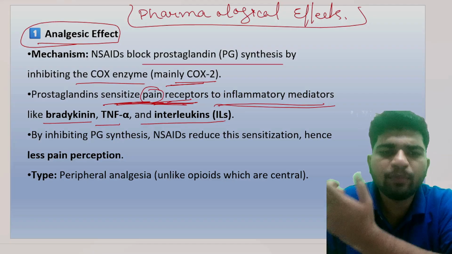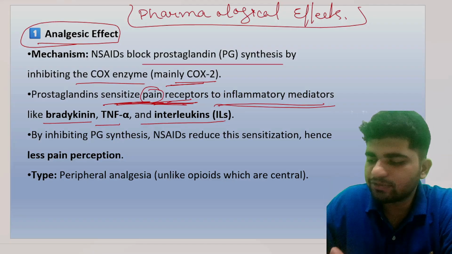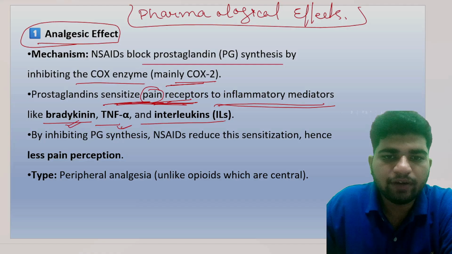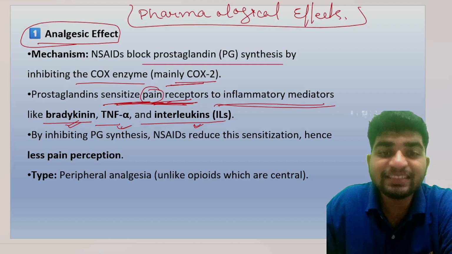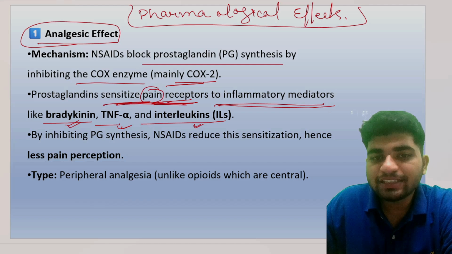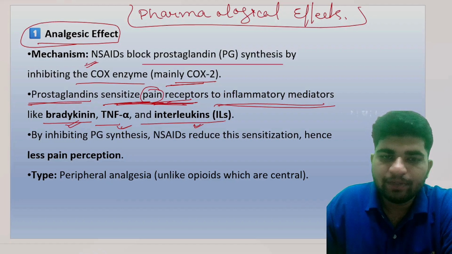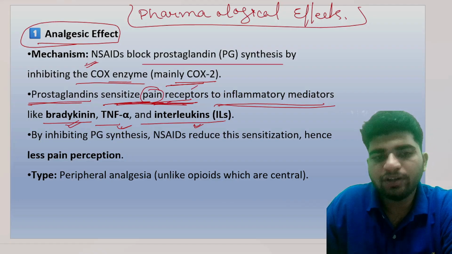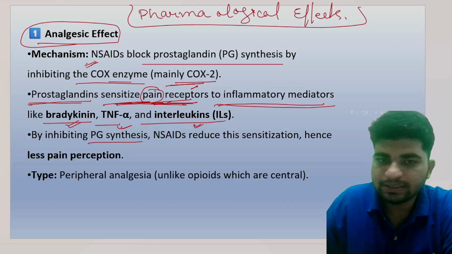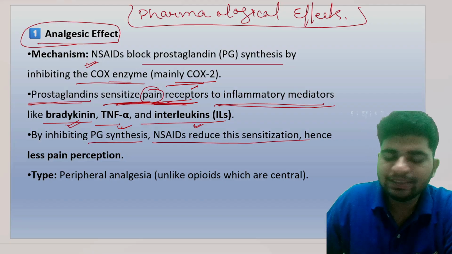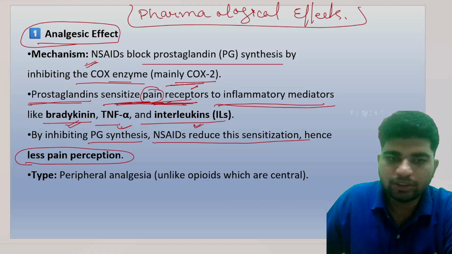We have a lot of inflammatory mediators inside the body, for example, bradykinin, TNF alpha, as well as the interleukins. So these are the inflammatory mediators which are sensitized towards the pain receptor, and prostaglandins do this sensitization. Whereas the NSAIDs block the synthesis of prostaglandin by inhibiting the COX enzyme, mainly COX-2. By inhibiting PG synthesis, NSAIDs reduce the sensitization, hence less pain perception.